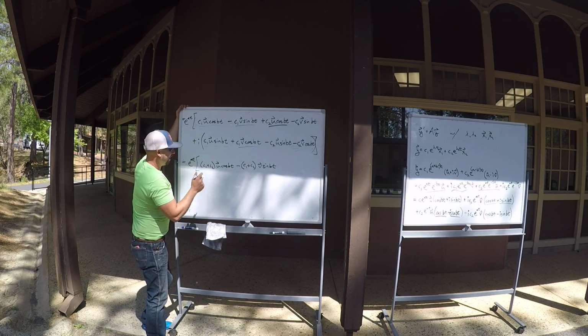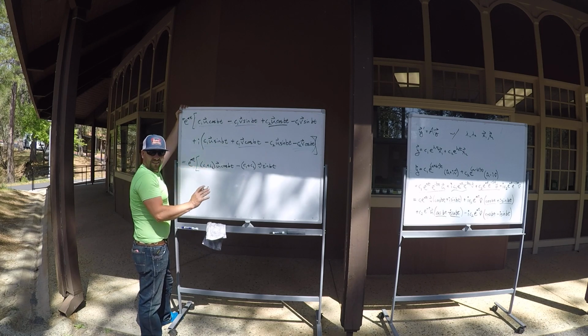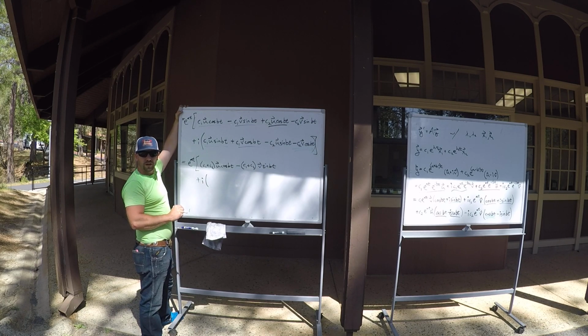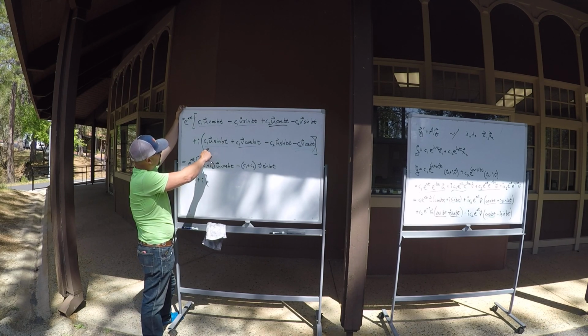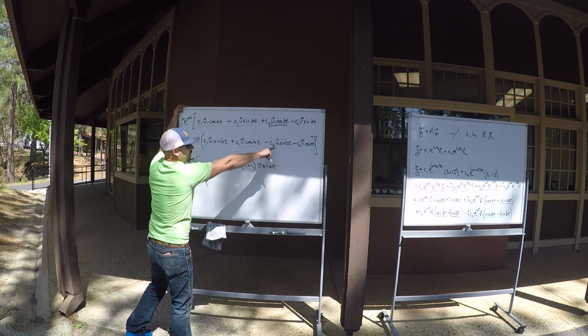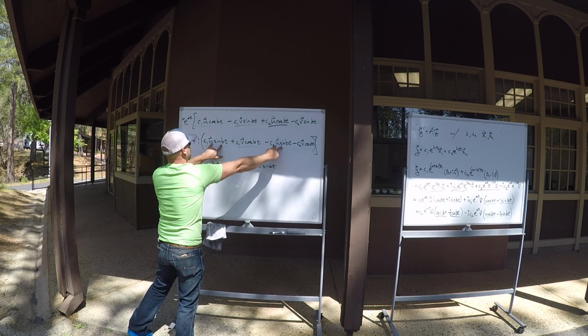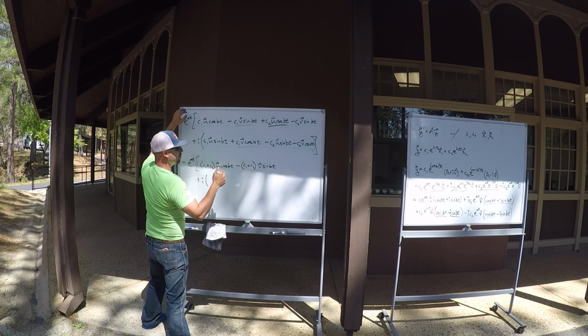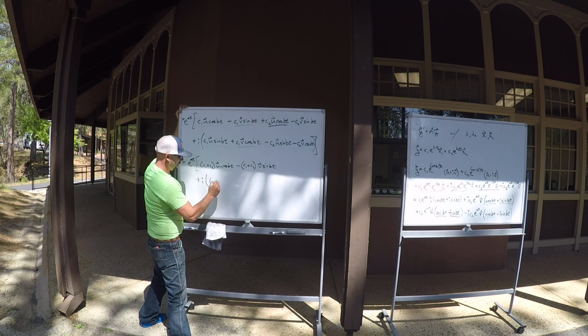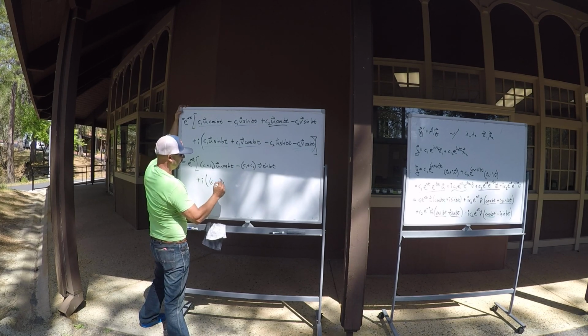So let me consolidate again. That's my real part. I've still got plus i, and then here I've got my imaginary part. So let me look at my purely imaginary part. I've got a u sine of bt, and I've got a u sine of bt over there as well. So the coefficient is c1 minus c2, and that's u sine of bt.